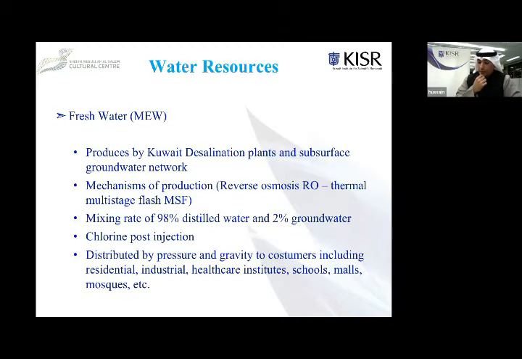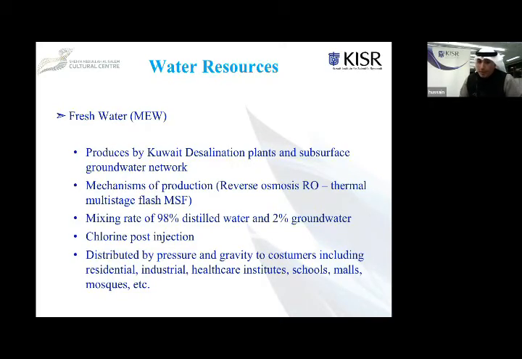For example, we have maybe 1,000 underground wells for the groundwater, and they are controlled by the MPW, and they use it to mix with the desalination plant product so that they can reach a suitable source of water to be used by humans. In those desalination plants, we have mainly two mechanisms of producing fresh water: reverse osmosis, the RO, or the thermal process, which is applied in Kuwait through multi-stage flash, MSF.